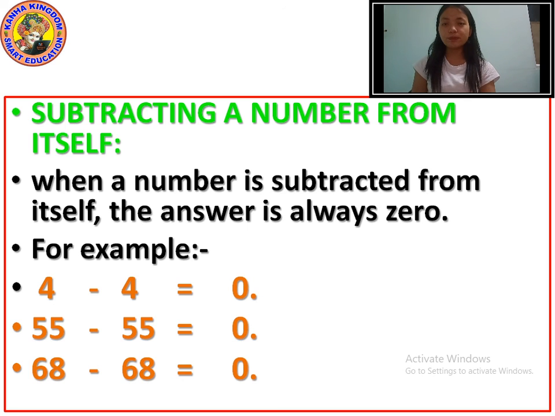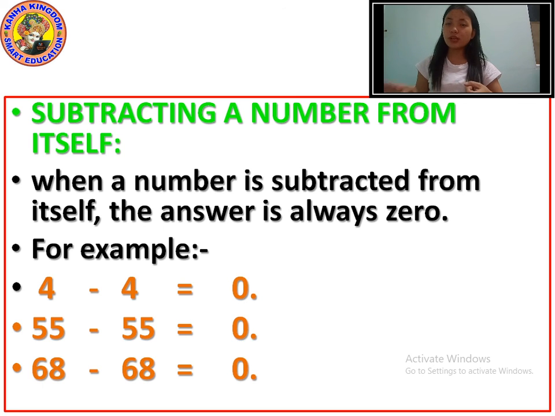And the second property of subtraction is subtracting 1 from a number.